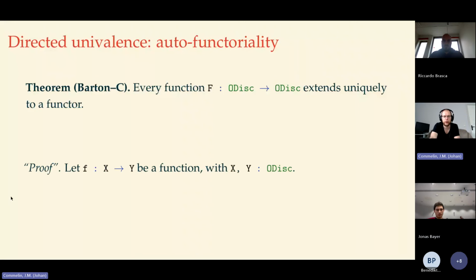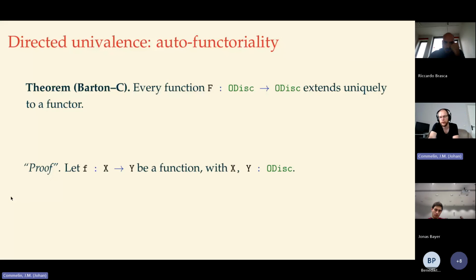And how does that work? Well, you take two ODisc types and take a function between them. And now somehow, right, we claim that we have a functor and we know what it does on objects, and every mathematician who has never done anything with formalization will agree that it must be obvious what it does on functions. And now it actually is. There's only one thing that you can do.